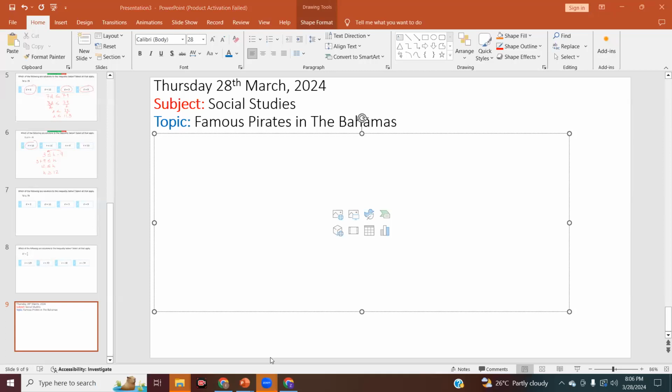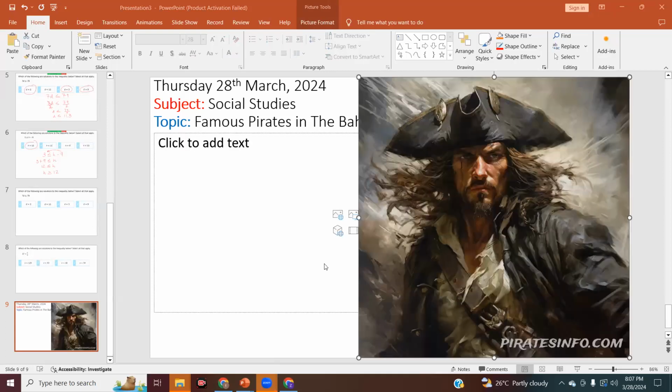His formal name was John Rackham, but the name that persons probably know him by more often is Calico Jack. Because he wore multicolored coats and stuff, right?